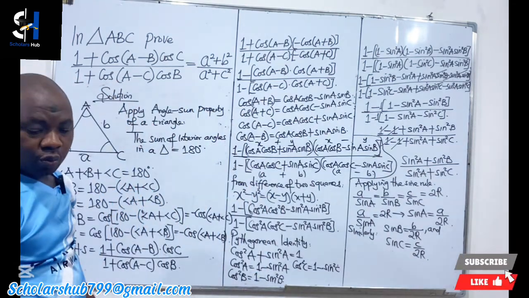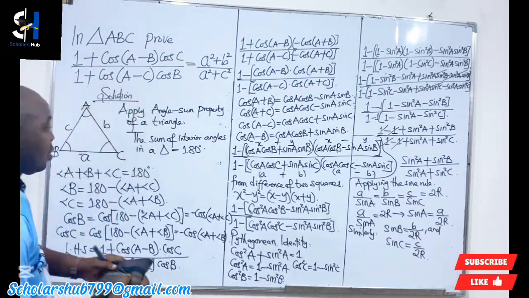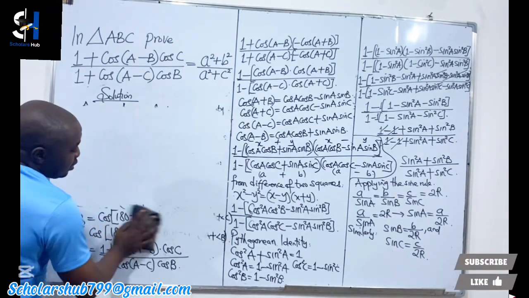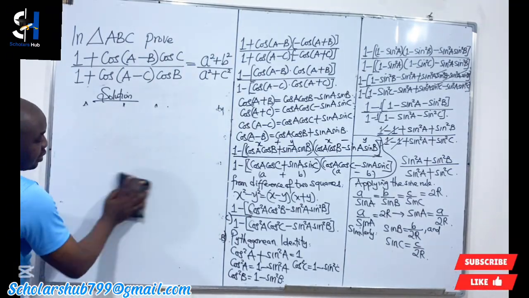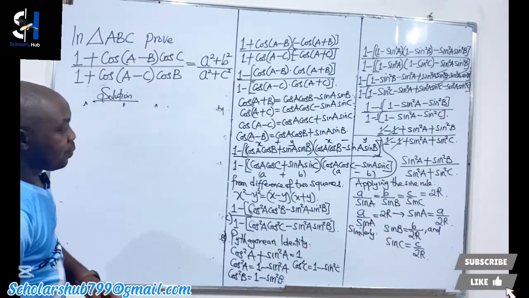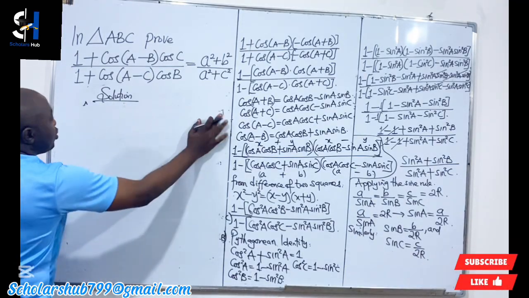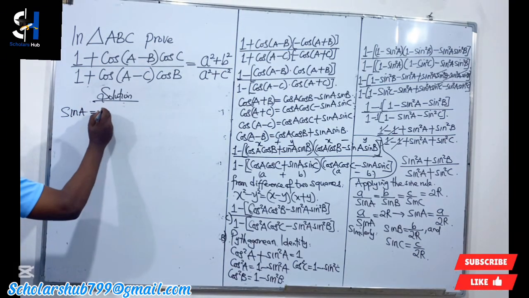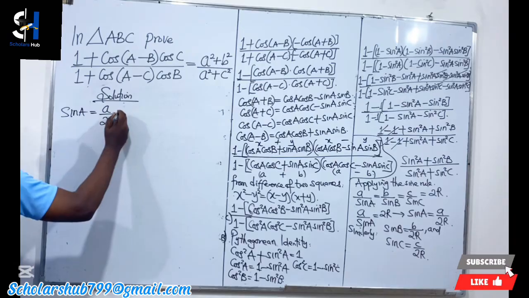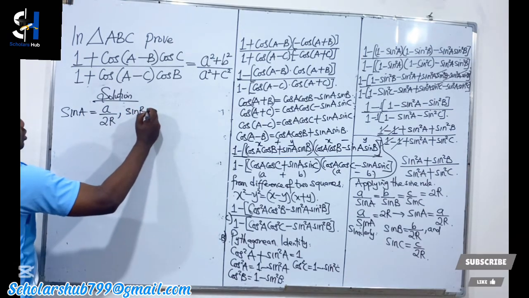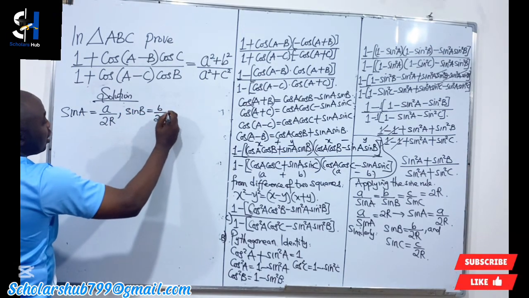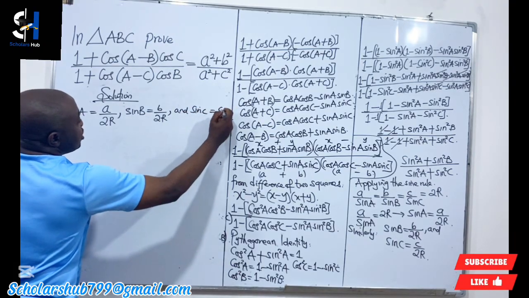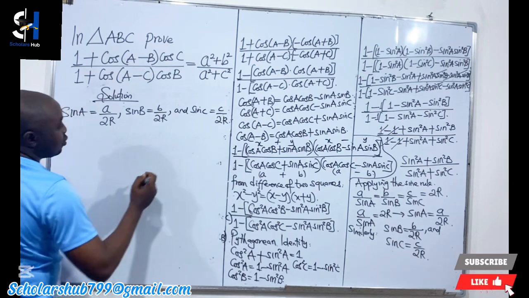From here, we should be able to prove the identity on the right hand side.